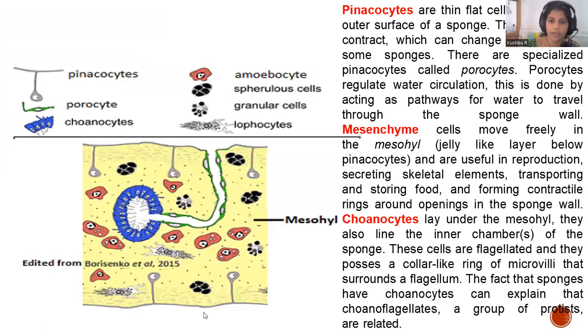This is the ultrastructure of the sea sponge, where there are pinacocytes. These are the ones which help in maintaining the structure of the sea sponges. The structure of the sea sponges is maintained by them.